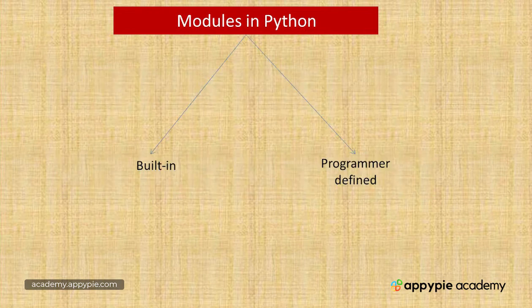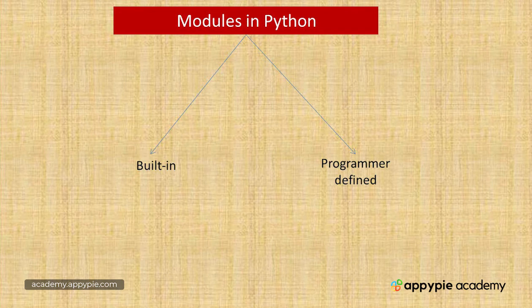Now modules in Python happen to be of two types: built-in modules and programmer defined modules. So built-in modules are the modules which are already provided with Python. If you remember, we have used built-in modules like re for regular expressions, and in case of handling dates, we have used the datetime built-in module.